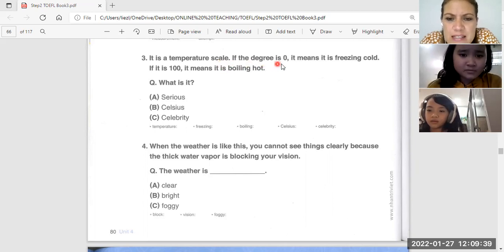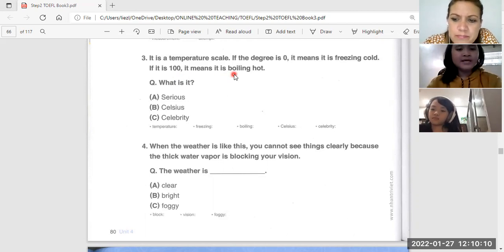If the degree is 0, Is the degree 0? if the If degree is 0, the degree is 0, it means it means it is freezing cold. It's freezing cold. If it is 100, If it is 100, it means it is boiling hot. it means it's boiling hot.